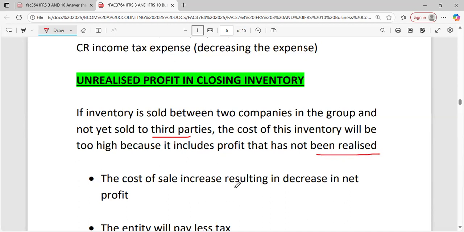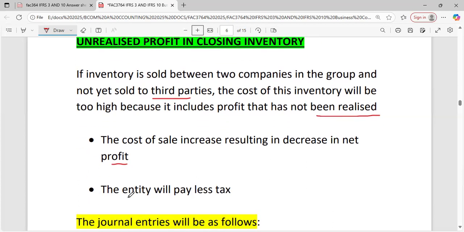So the cost of sale increases, resulting in a decrease in net profit, and we are also going to make the entity pay less tax.